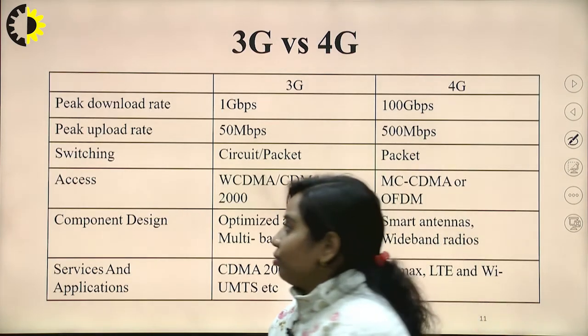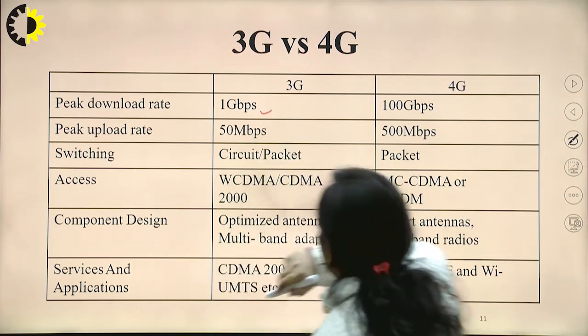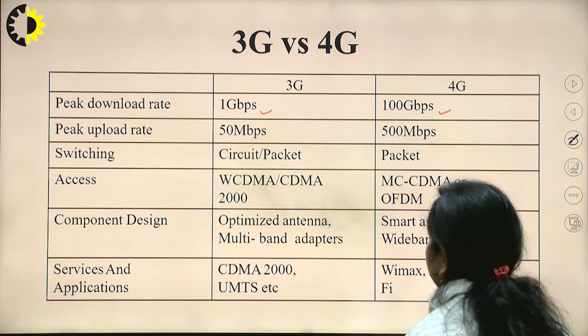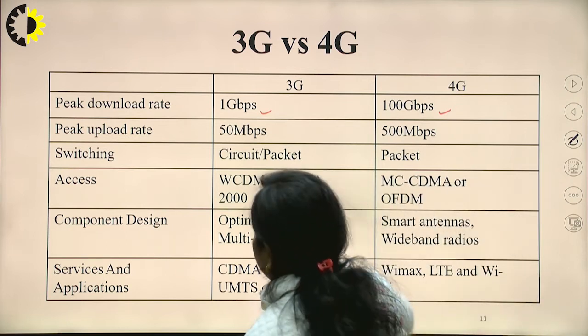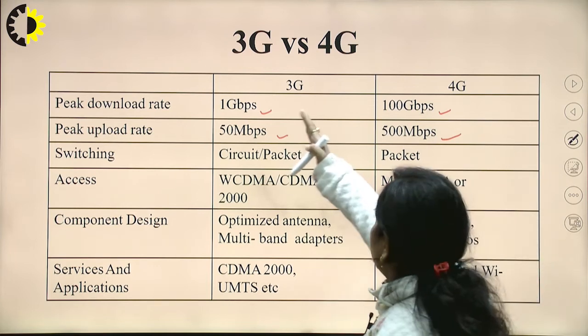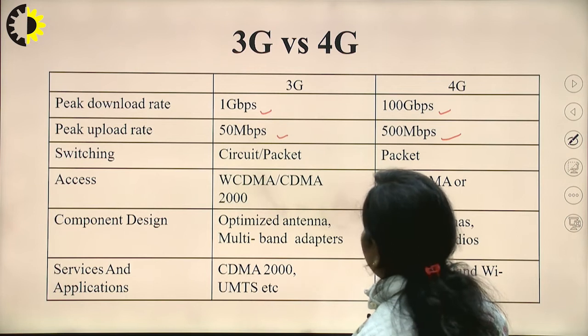This is also continued. Now the peak download rate for 3rd generation is 1 Gbps. In the case of 4th generation, the peak download rate is 100 Gbps. The uploading rate is 50 Mbps here and 500 Mbps there. Now you can see that this is 10 times greater than the 3rd generation network, and in case of downloading it is 100 times greater.